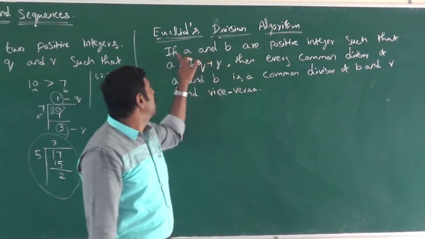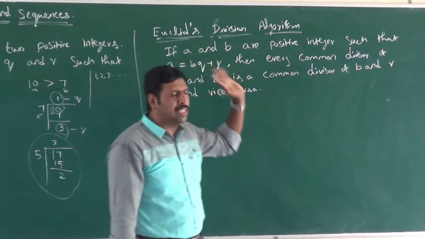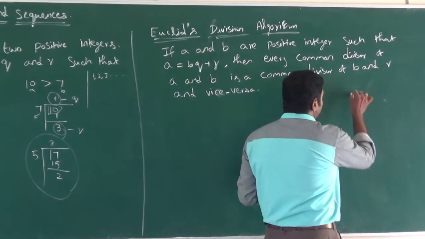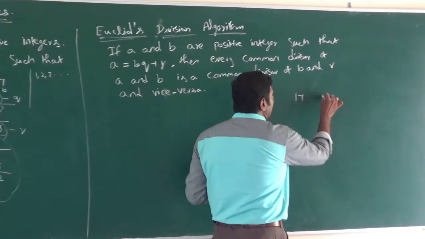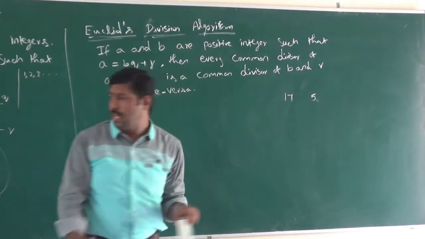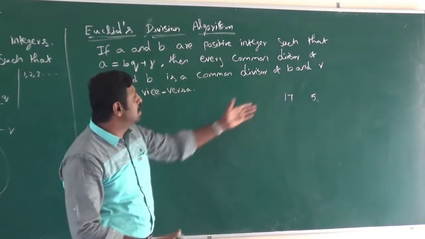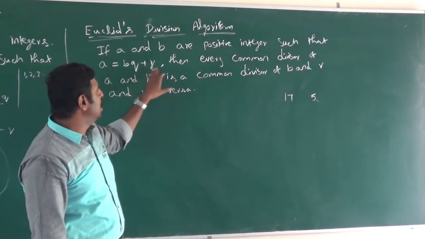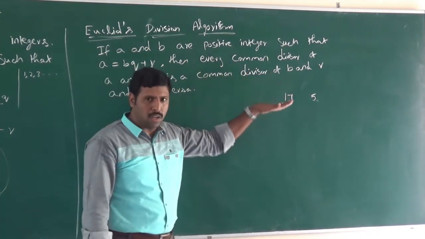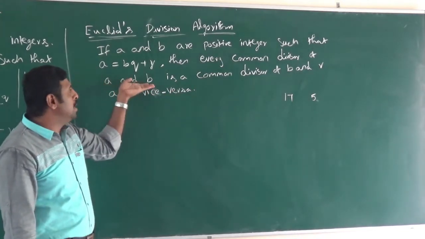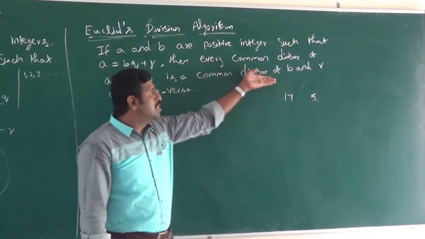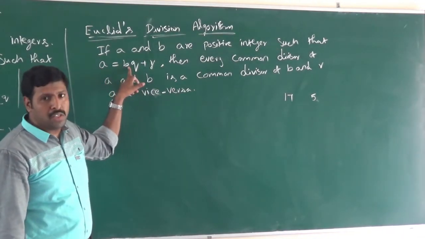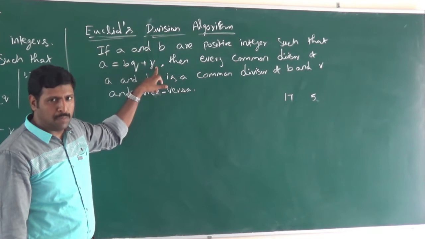Euclid's division algorithm. If A and B are positive integers, the same condition, let me take the same numbers, 17 and 5, such that A is equal to BQ plus R, then every common divisor of A and B is a common divisor of B and R. That is, A and B are two positive integers, Q and R are the quotient and remainder.